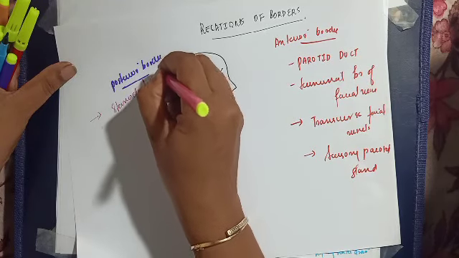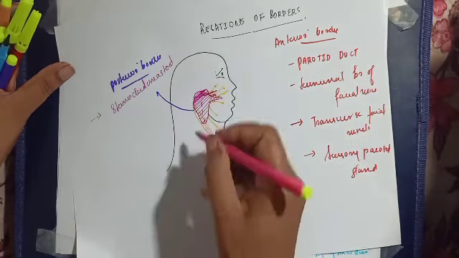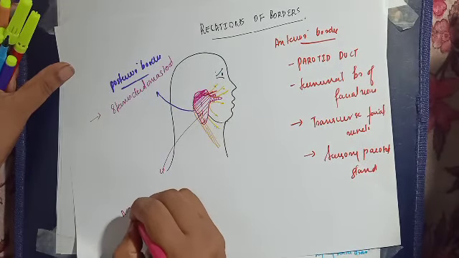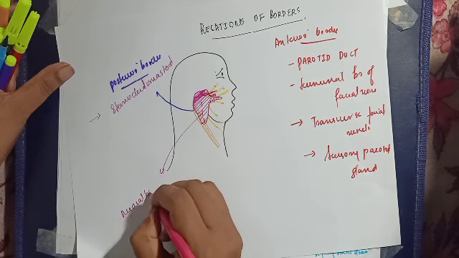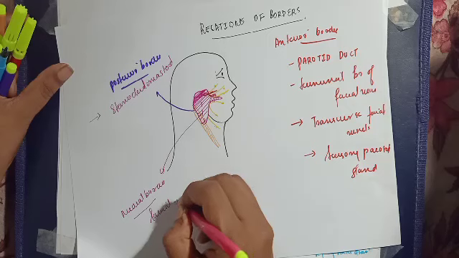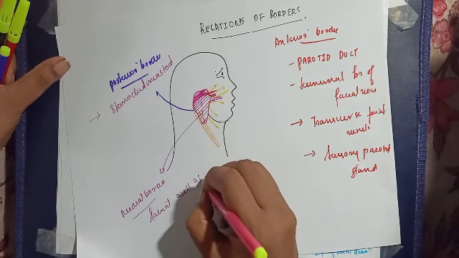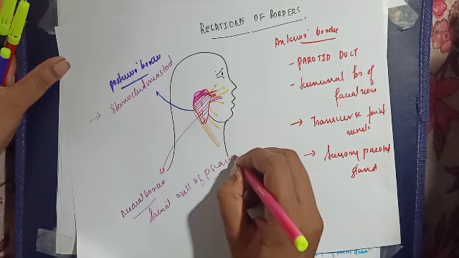Now on the medial aspect, you have the medial border. The medial border is related to which structure? It is related to the lateral wall of the pharynx. So these are the relations of the borders.